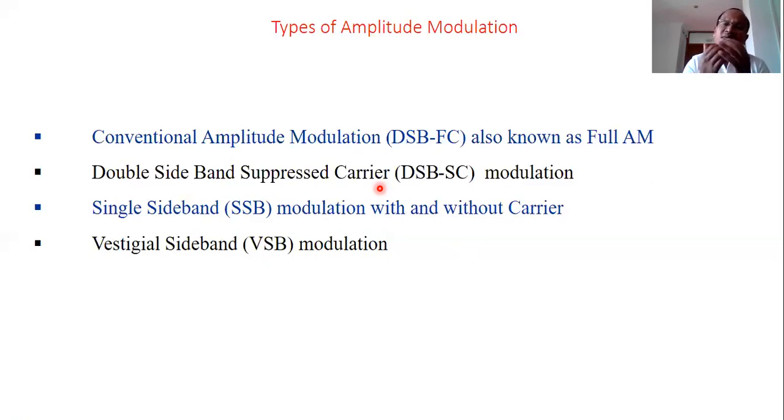So the possibility of interference, noise, and unwanted signal can be reduced by choosing an appropriate sideband. That is one advantage of SSB, with either full carrier or suppressed carrier. This is the scheme where one sideband carries the whole amount of message.